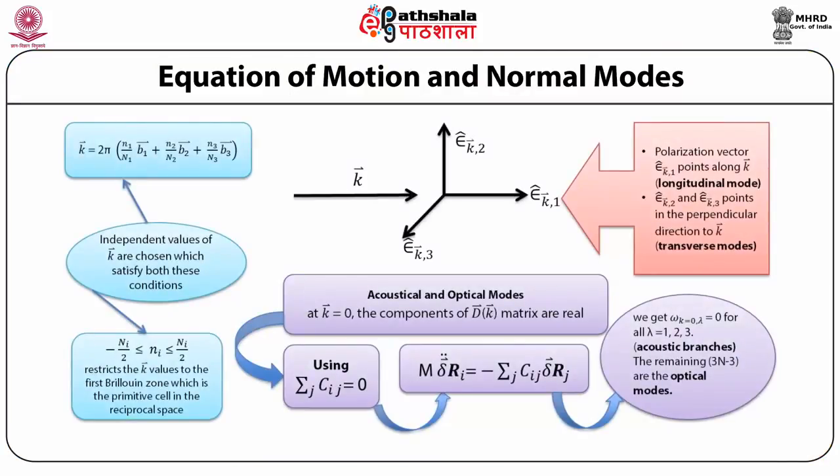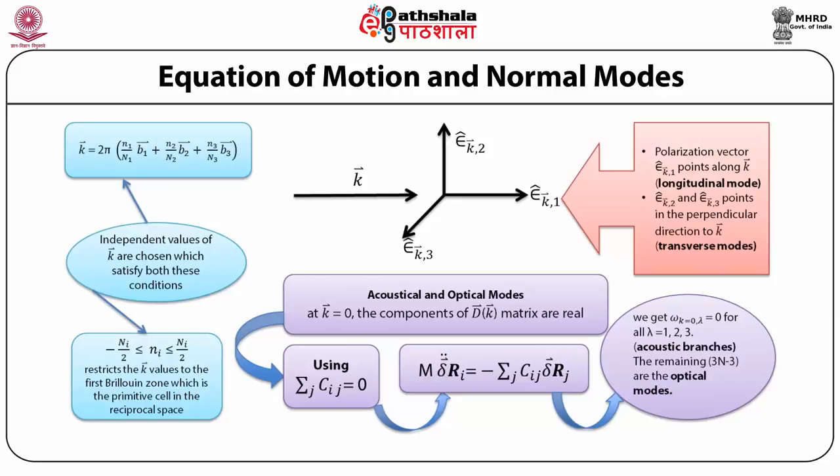In this slide the previous equation is rewritten, that is the vector k is 2 pi multiplied by small n1 divided by capital N1 b1 vector, plus small n2 divided by capital N2 b2 vector, plus small n3 divided by capital N3 into b3 vector. Now only k values within a single primitive cell of the reciprocal lattice give distinct solutions.